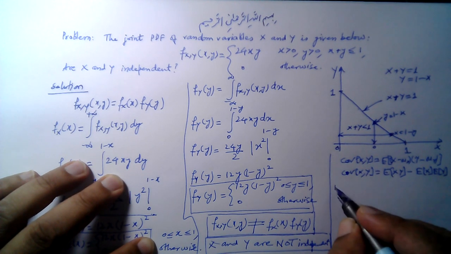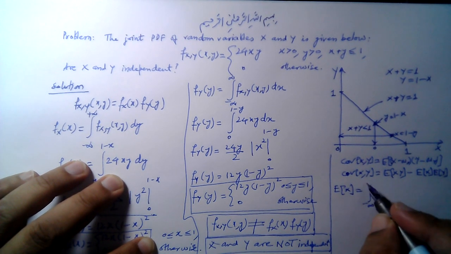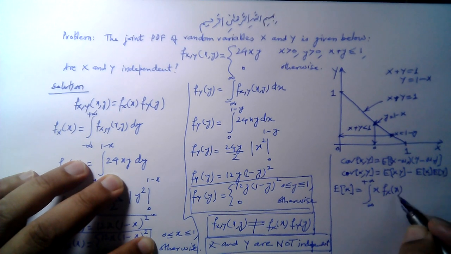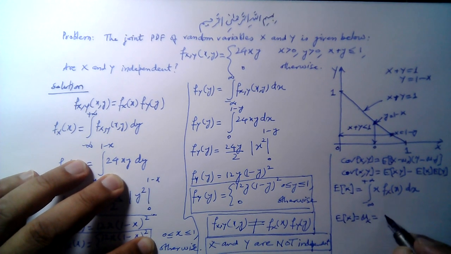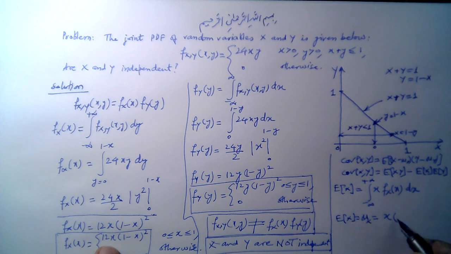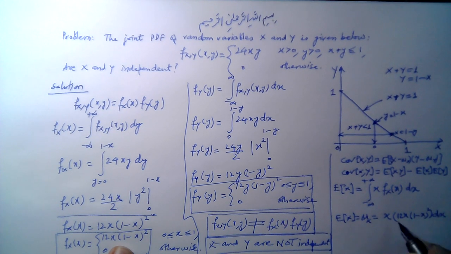For example, the expected value of x is given by the integral from minus infinity to plus infinity of x multiplied by fx of x dx. So expected value of x, which is also represented by mu x, is given by x multiplied by 12x into 1 minus x square, and dx, and the limit is from 0 to 1.